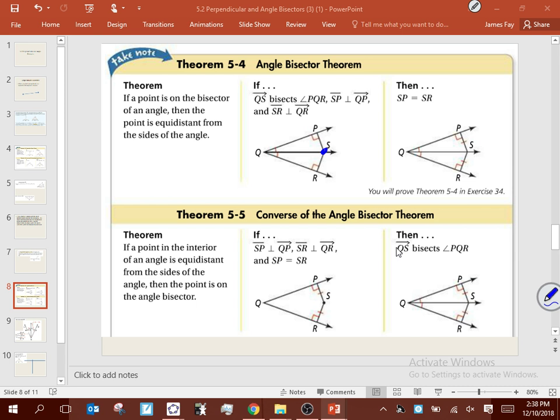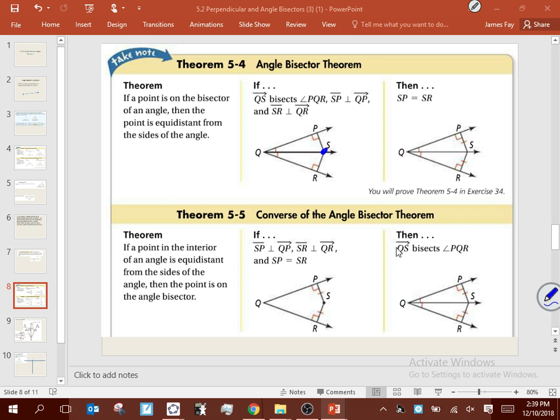This theorem says those distances have to be the same. So any point that is on an angle bisector is equidistant from the sides of the angle. We're not going to talk you through the converse.